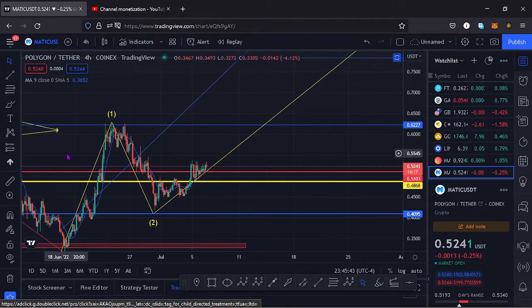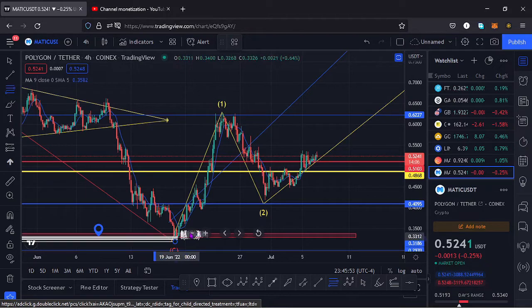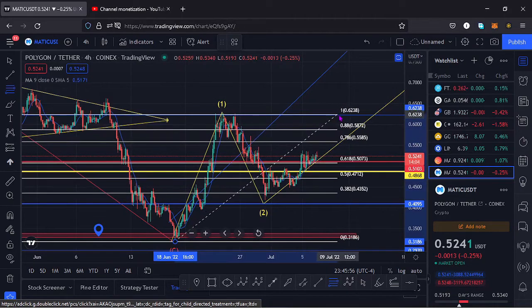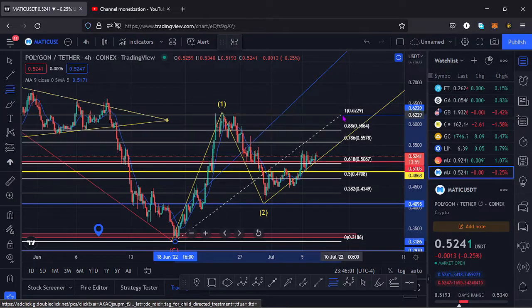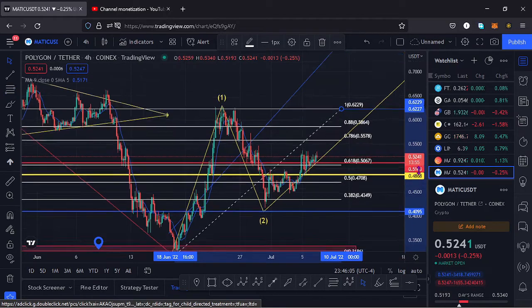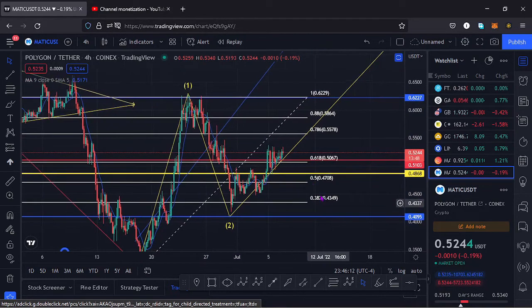And to just try and show you that this is a valid wave 2 to the lower side, if I try and use the Fibonacci's here, if I pull out the Fibonacci from this low, that is from the start of that wave 1 to the high of that wave 1 up there, you can see that that wave 2 to the lower side has retraced to around the 0.38 fib level, which is the minimum that we would expect a wave 2 to the lower side to do.